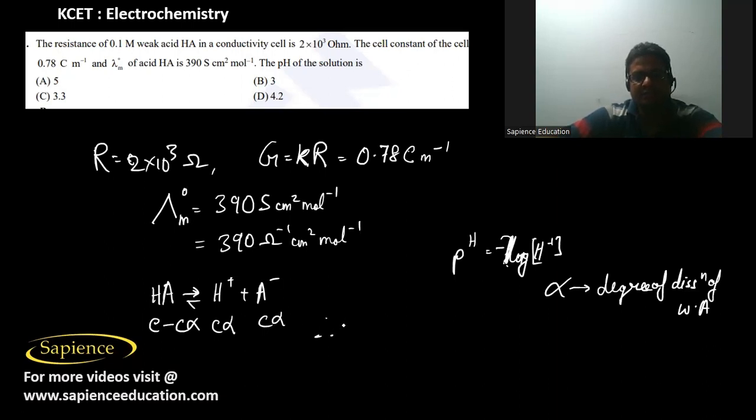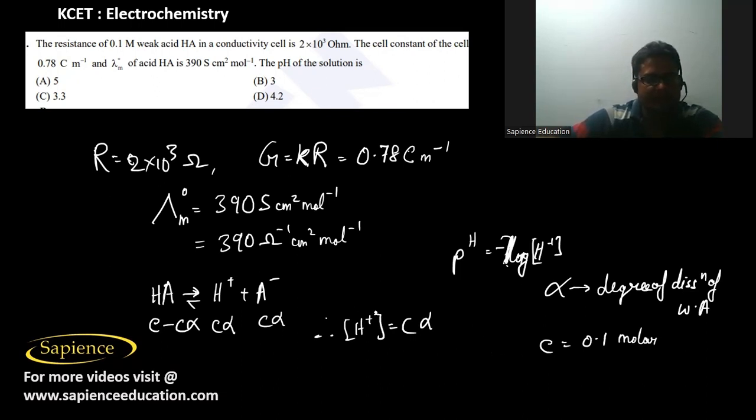So therefore the H plus concentration will be equal to C alpha, where C is the concentration of the weak acid, which is 0.1 molar, as has been told here.